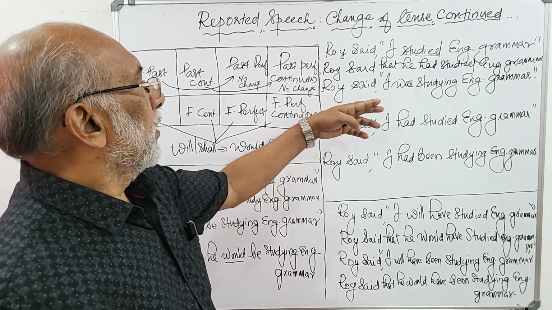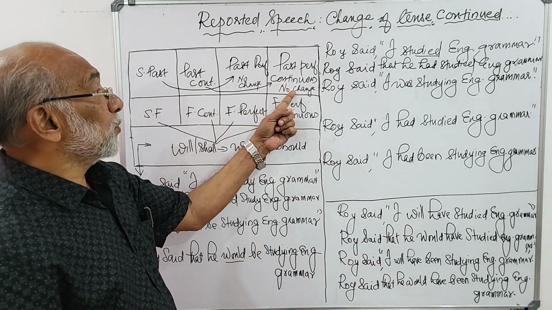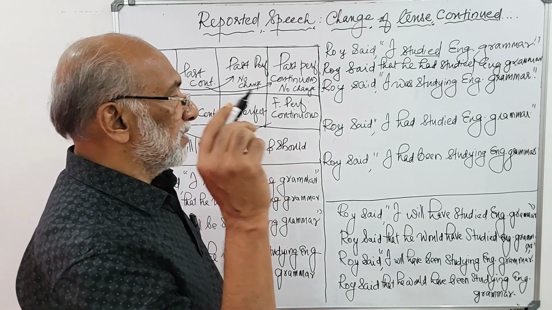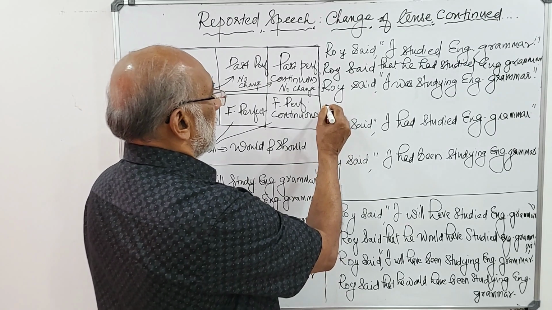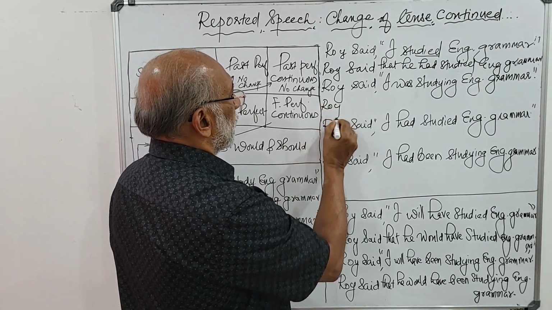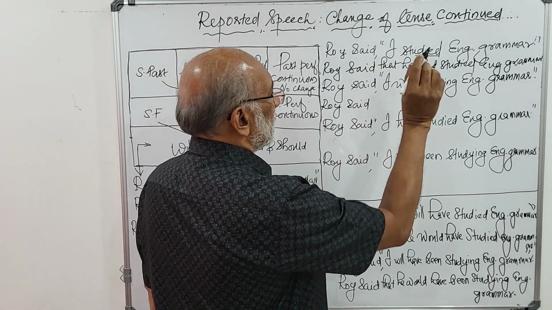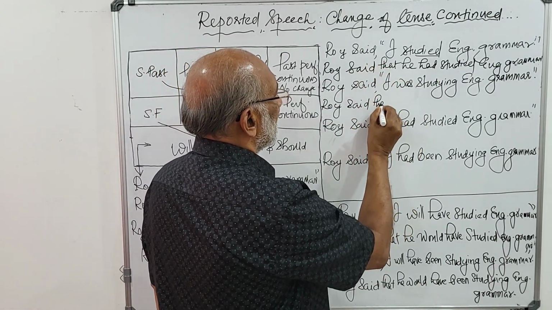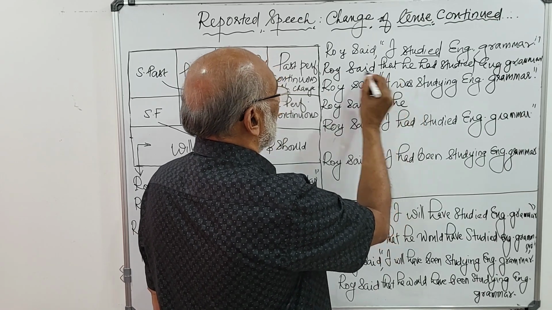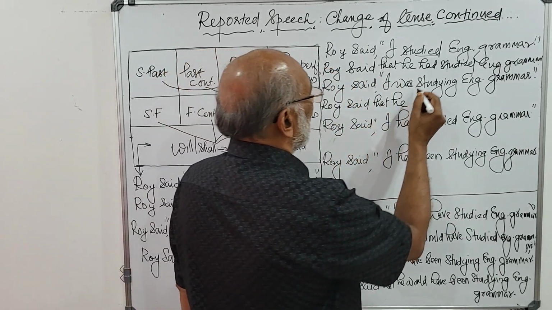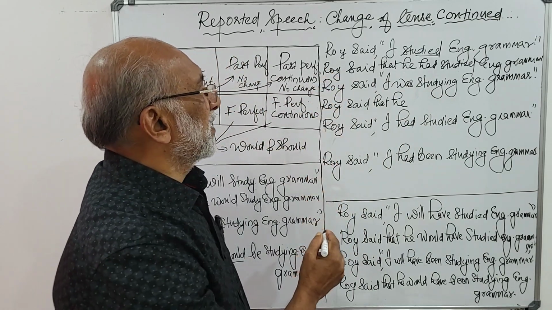Let's go to past continuous tense. Past continuous tense becomes past perfect continuous tense. That is the rule related to the change of tense. Okay. Roy said, again inverted commas removed, conjunction that is added, I becomes he because I refers back to Roy, that he was studying, that becomes past perfect continuous tense.